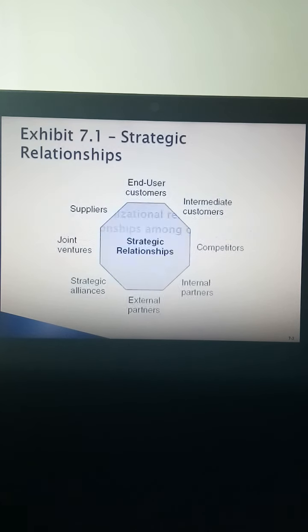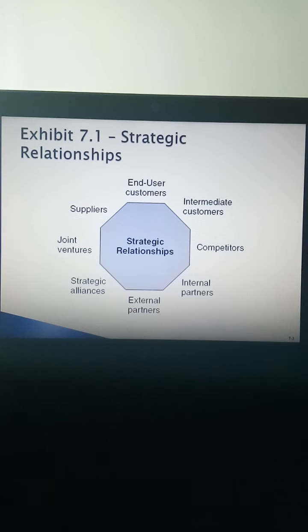Alright, we move to the next slide. Exhibit 7.1, strategic relationships, shows the formation of strategic relationships. These formations include end user customers, intermediate customers, competitors, internal partners, as well as external partners.